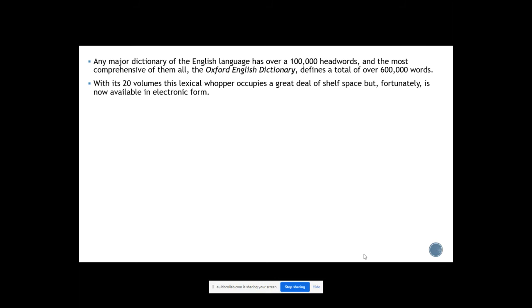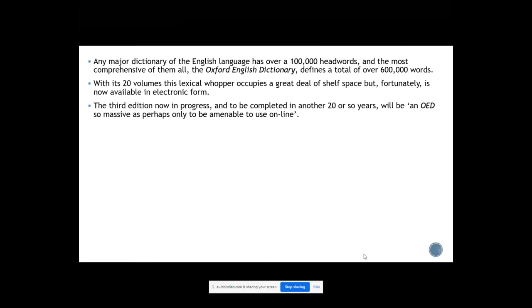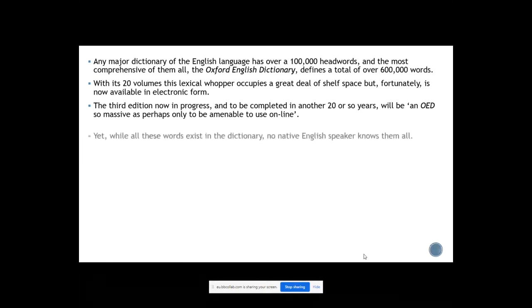With its 20 volumes, this lexical hoard occupies a great deal of shelf space, but fortunately is now available in electronic form. The third edition, now in progress and to be completed in another 20 or so years, will be so massive as perhaps only to be amenable to use online.